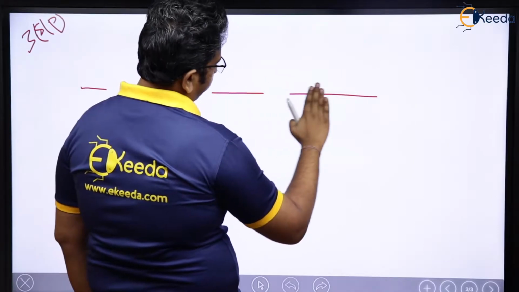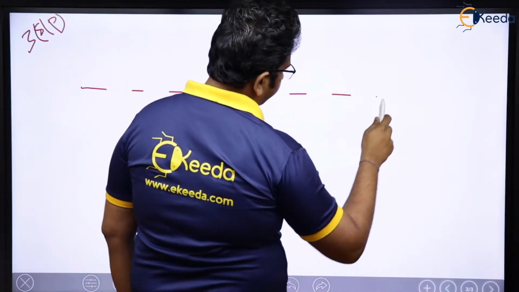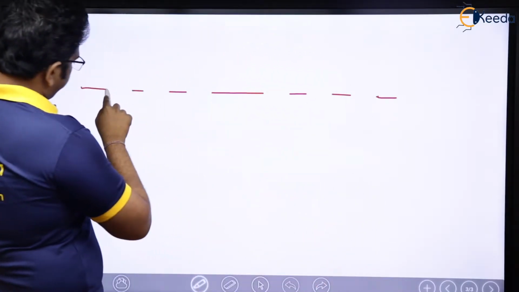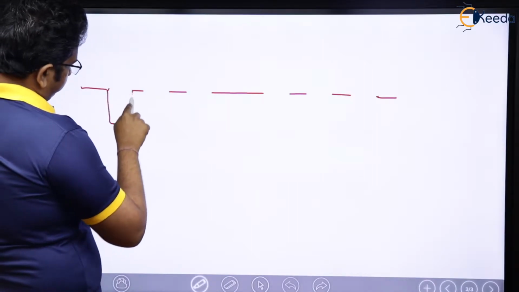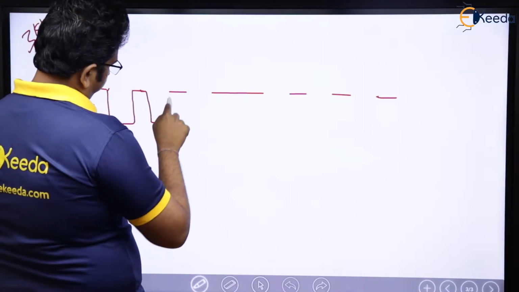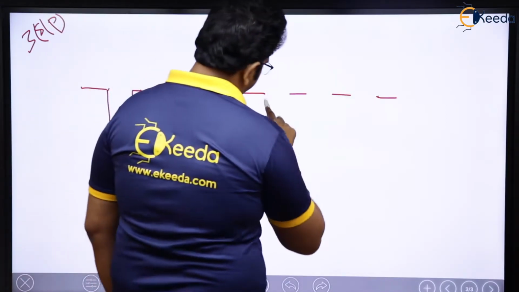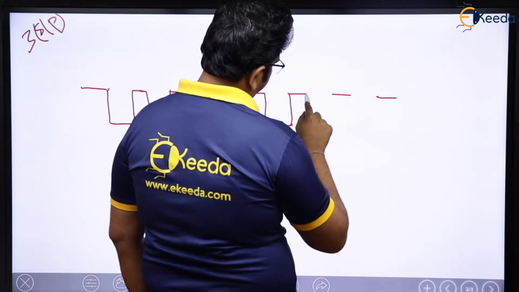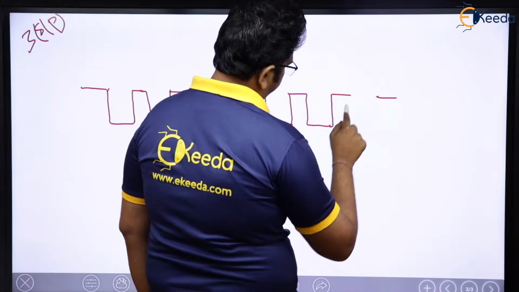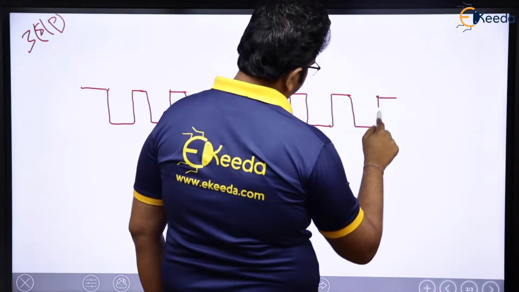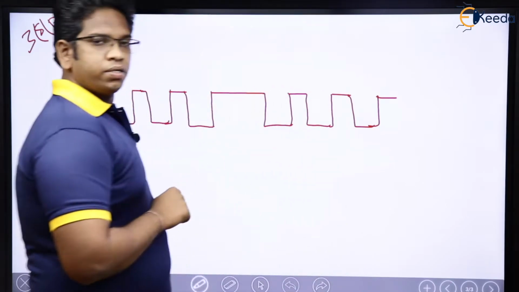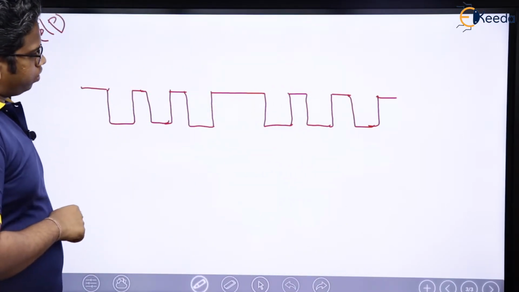So this is 3, 6, right? So this is going to be it.